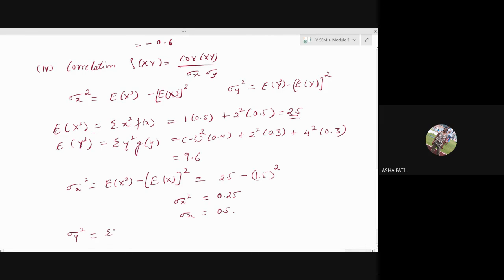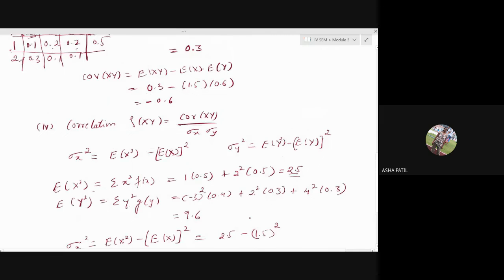Sigma y square now. Expectation of y square minus expectation of y whole square. See that you write your x and y neatly, which is your x, which is your y. Now expectation of y square, how much is it? 9.6.